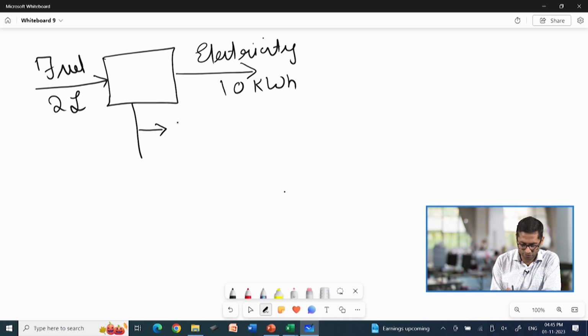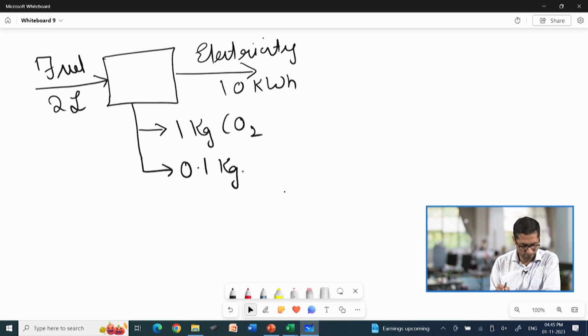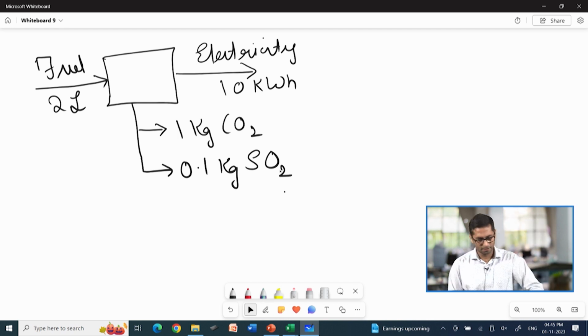So, let us assume that this process leads to production of 1 kg of CO2 and maybe 0.1 kg of SO2. Again, this is a hypothetical process. So, we have 2 liters of fuel going through some process which will lead to the production of electricity, and in the process of doing so it is producing 1 kg of CO2 and 0.1 kg of SO2.